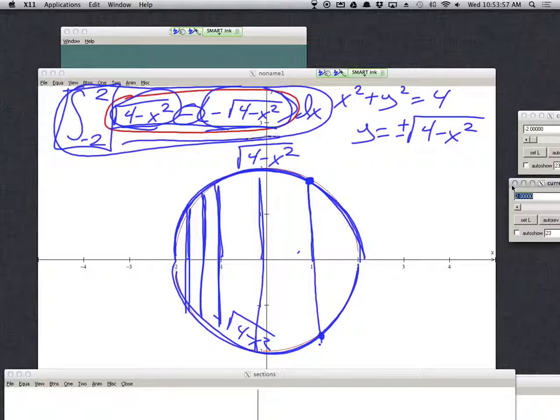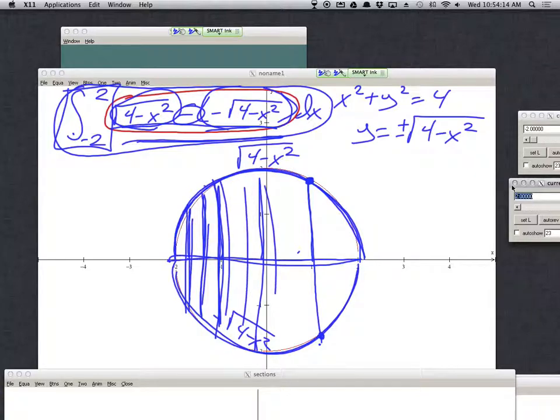This right here represents the distance from the top to the bottom everywhere in there. Every one of these x values in here represents all of those. And then this integral right here takes all of those and adds them up. So when I have every distance in here, that thing is going to be solid. And once that thing is solid and I add them all up, what does that give me? The area.